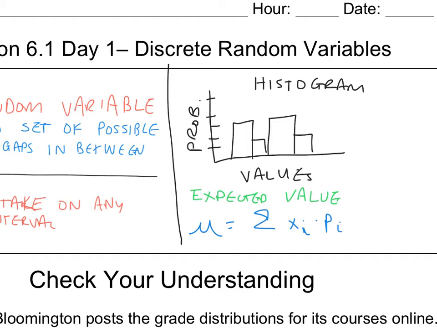These should be little i's down here because it's each individual value. You may recognize the symbol as the symbol for mean, but when we're talking about probability, the mean is also known as the expected value. Make sure you tie those two things together. That's a huge key here.